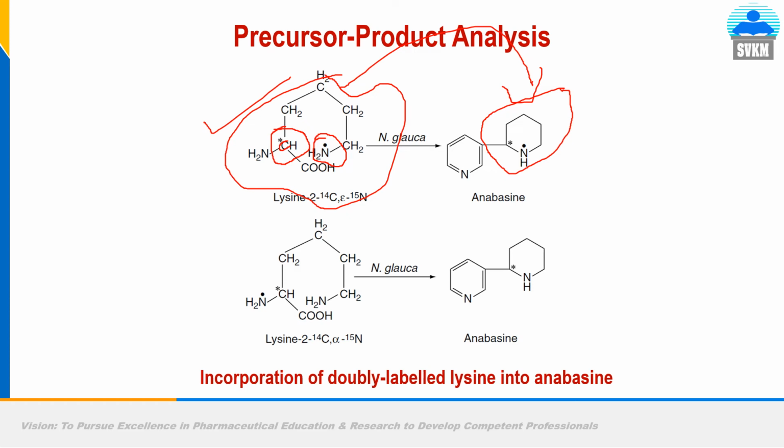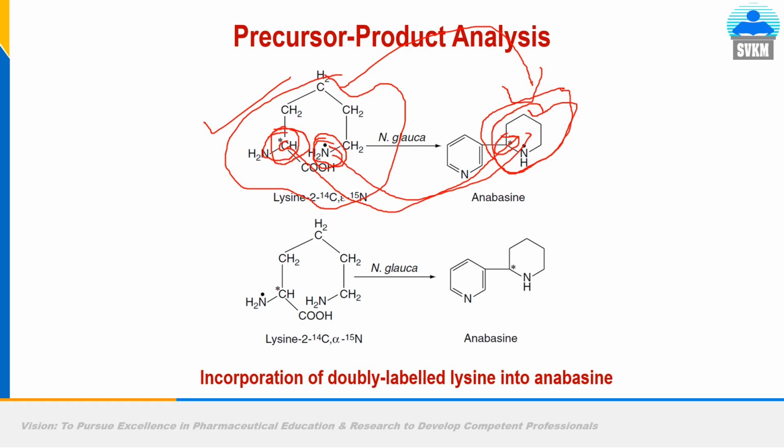Now in this product, that is the piperidine ring of enabasine, what does it indicate? It indicates that the same carbon which was replaced by 14C has been found in the product also. This is the symbol of radioactive carbon. Similarly, this nitrogen is also the same nitrogen which is coming over here.